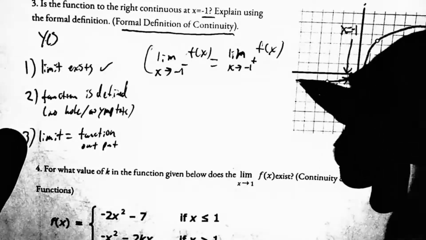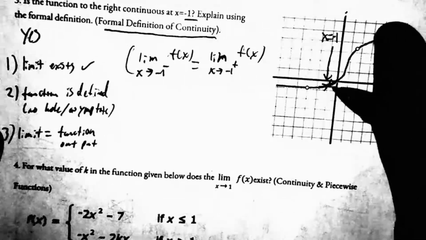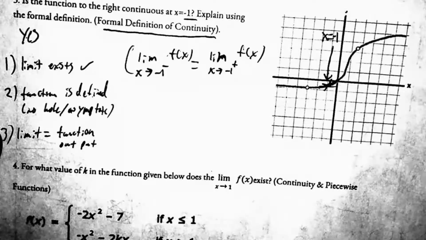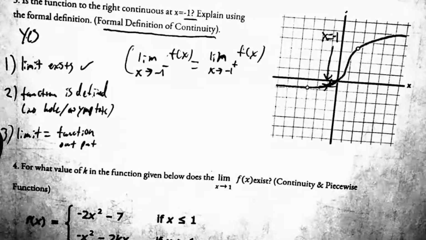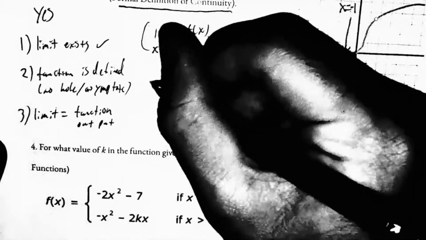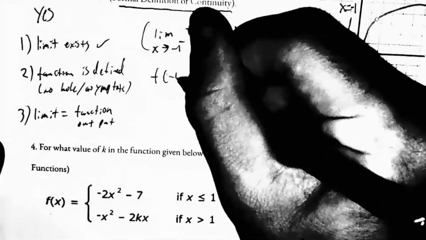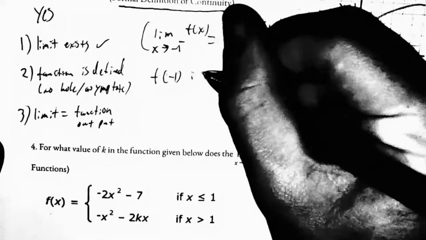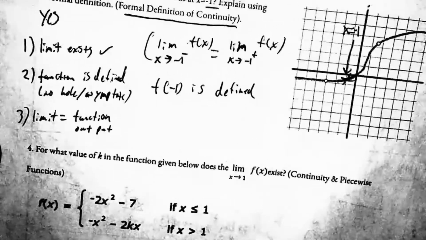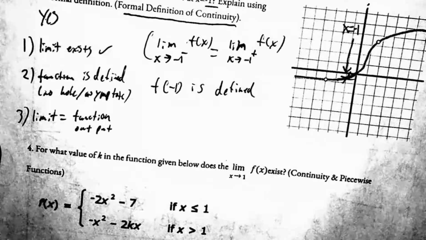Function is defined. So we can see here when we plug in -1, it looks like maybe -0.5. So I can say here f of -1 is defined, right? It's roughly -0.5.